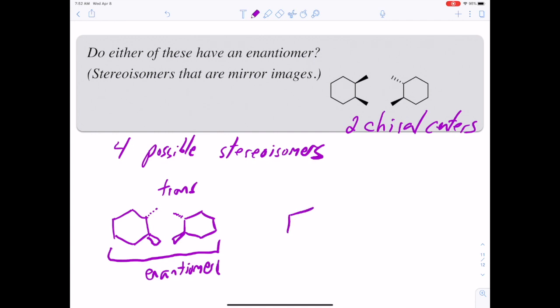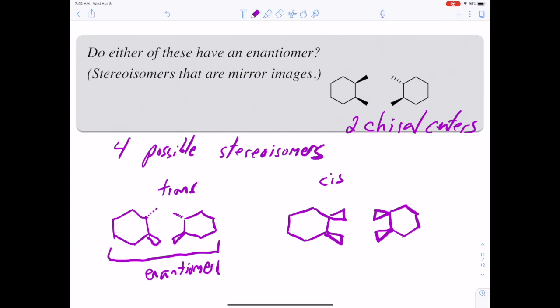Let's look at the cis form. Does this one have an enantiomer? Well, let's draw its mirror image. Are these different? Are they non-superimposable? They are not different. They are actually superimposable. If I rotate one of these around, I get the original.